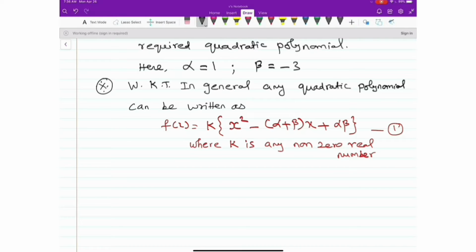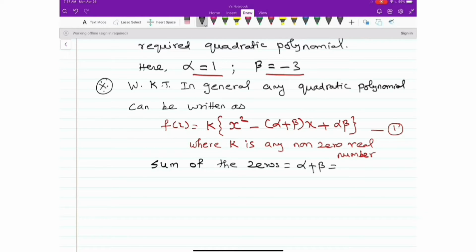From what is given, we can always find out the sum of zeros as well as the product of zeros. So, the sum of the zeros is equal to alpha plus beta, is equal to, here alpha is 1, beta is minus 3.